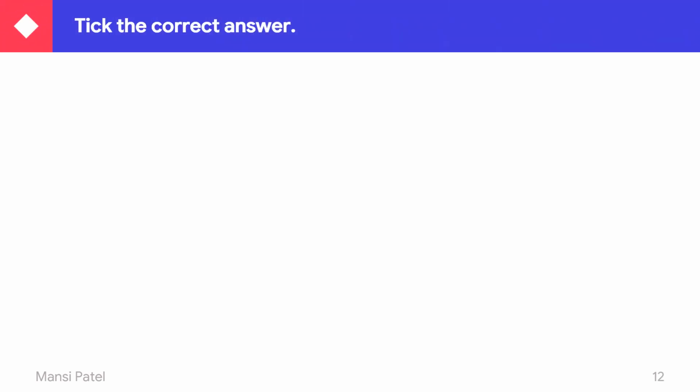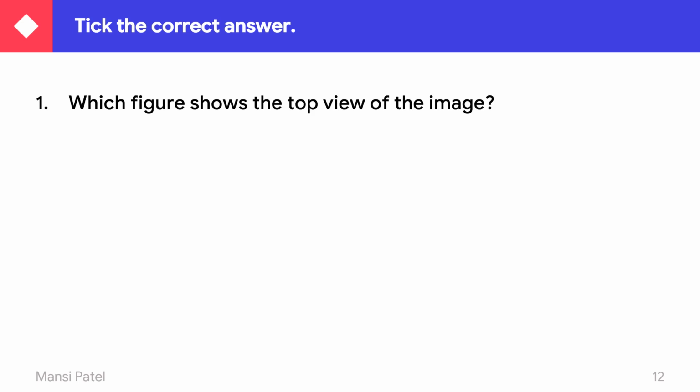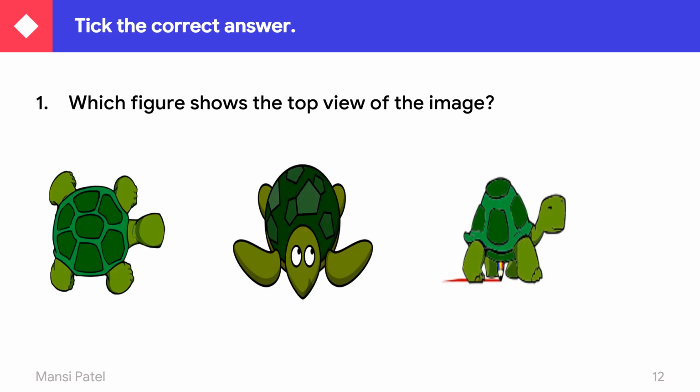Now some exercises for these different views. Tick the correct answer. Your first question is, which figure shows the top view of the image? Here I am giving three figures to you, and you have to decide which is the top view of that image. See here, first, second and third.